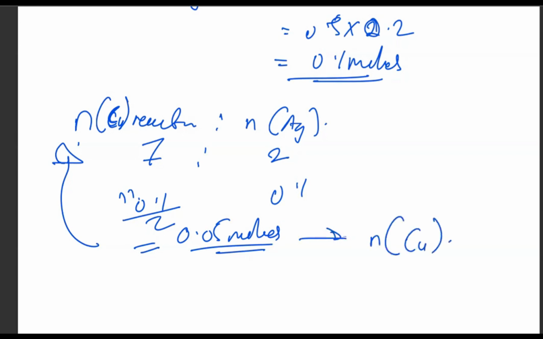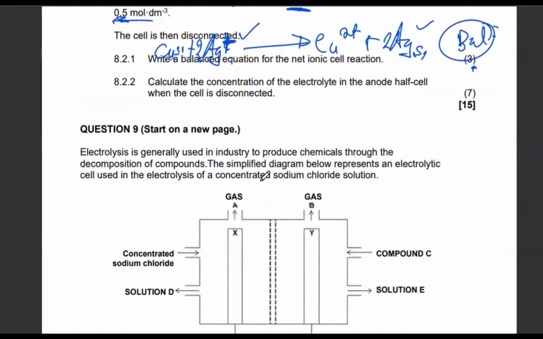So since now I know that, I will go back and find out what will happen at the anode. Since I have now the number of moles of copper, now I'll be able to know what happened at the anode.